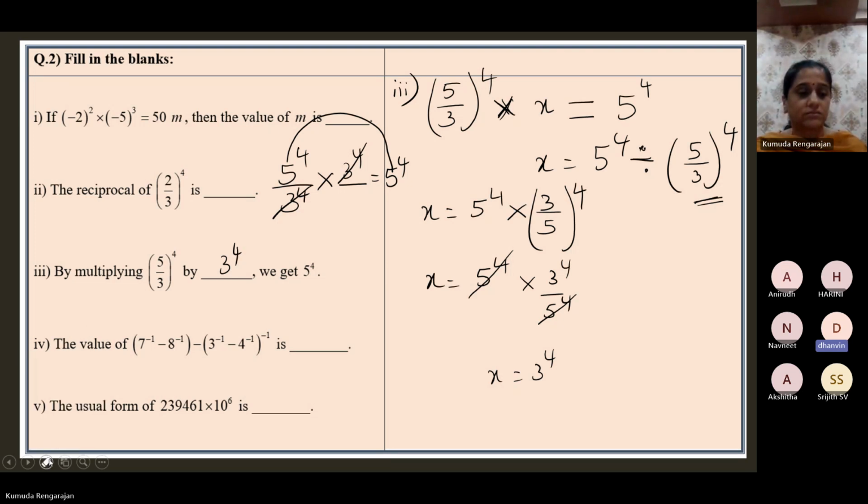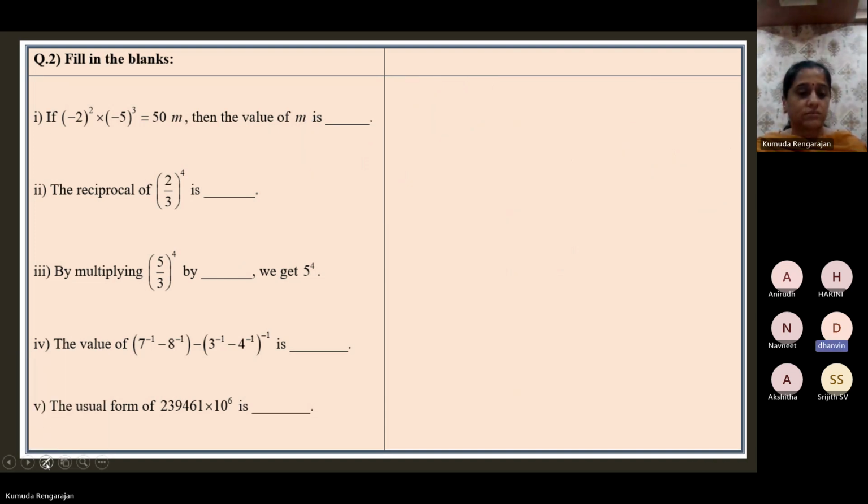Ma'am, first we'll finish the LHS, which is 7 to the power minus 1 is minus 7, minus 8 to the power minus 1 is minus 8. One second, I'll just write the question first. 7 to the power minus 1 minus.